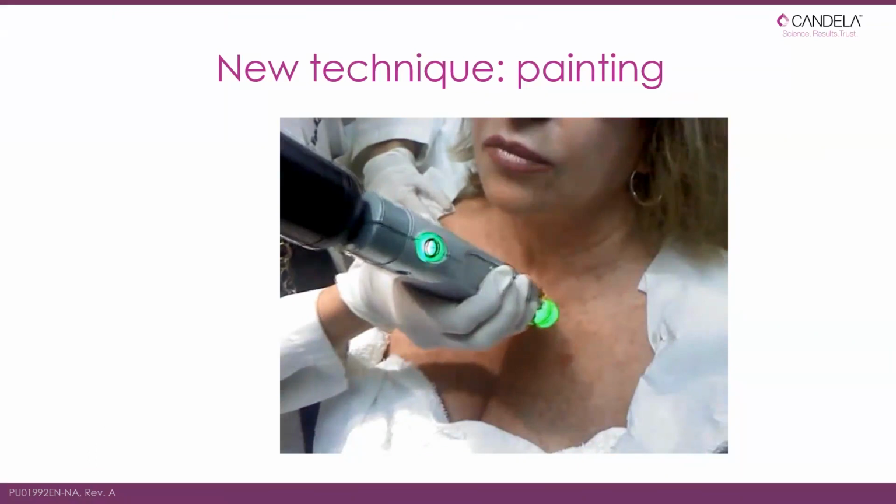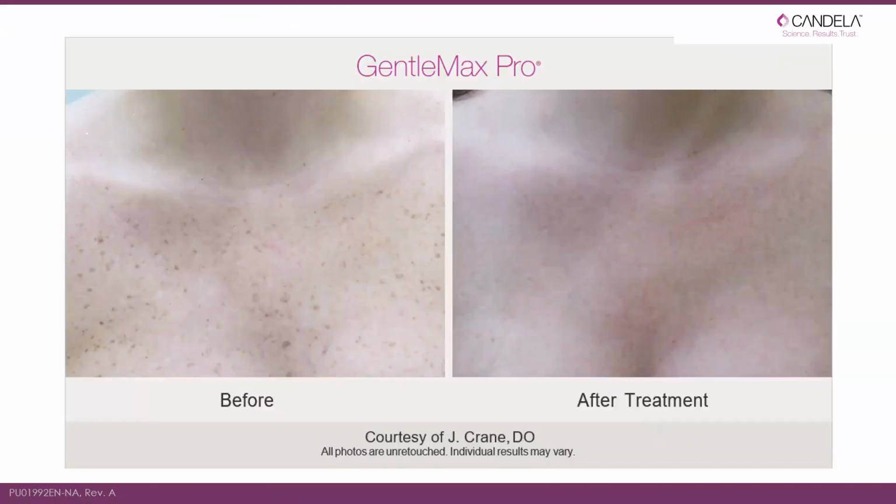So we hold the handpiece 1, possibly 2 centimeters above the skin and treat the whole area. It's a much quicker way of treating a very large area with lots of small pigmented lesions, because you don't then have to treat each individual one, you're treating globally. And also you get a very nice even skin tone after the treatment, as you can see in this picture here.